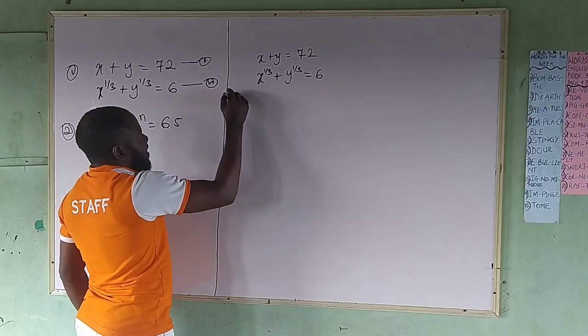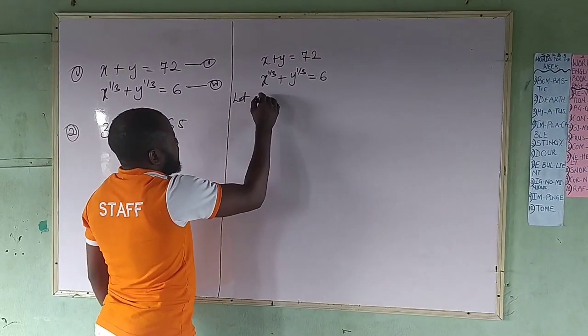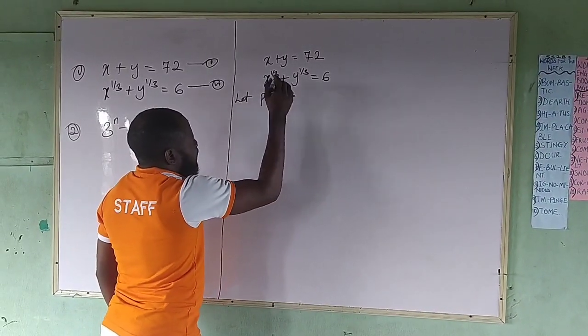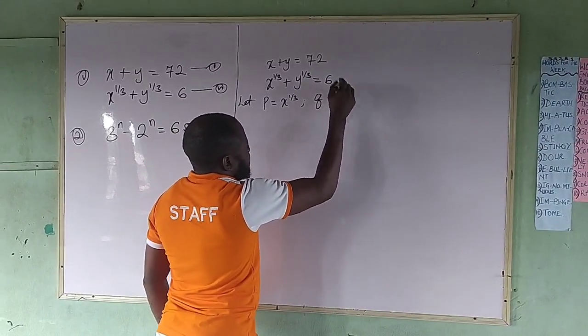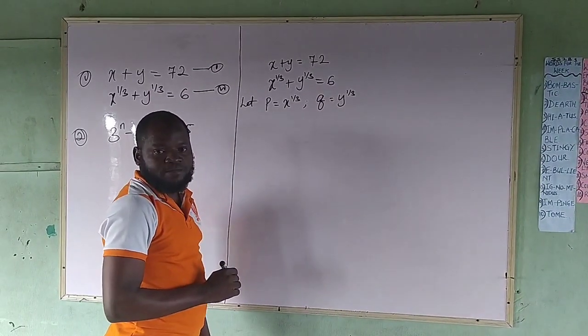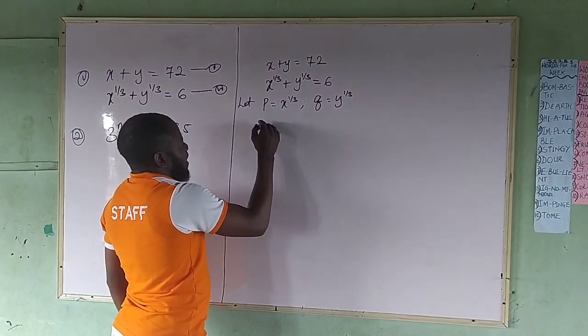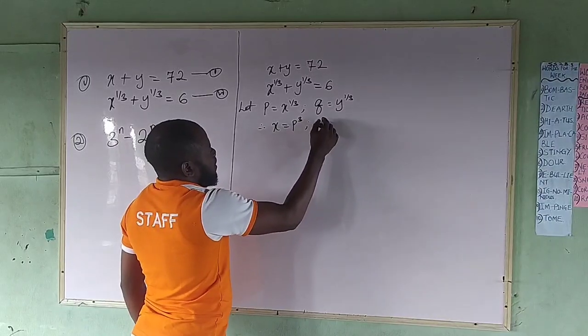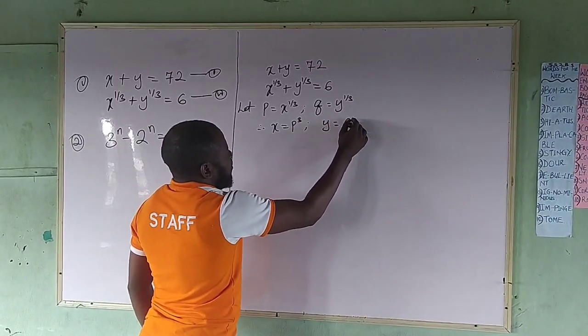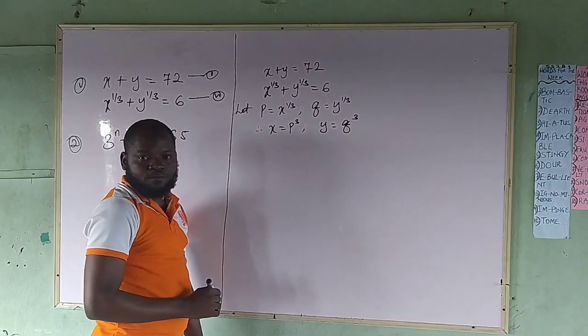So I'm going to say let p equal x to the power of 1 over 3 and then q equal y to the power of 1 over 3. So from here I have that x equals p cubed and y equals q cubed.